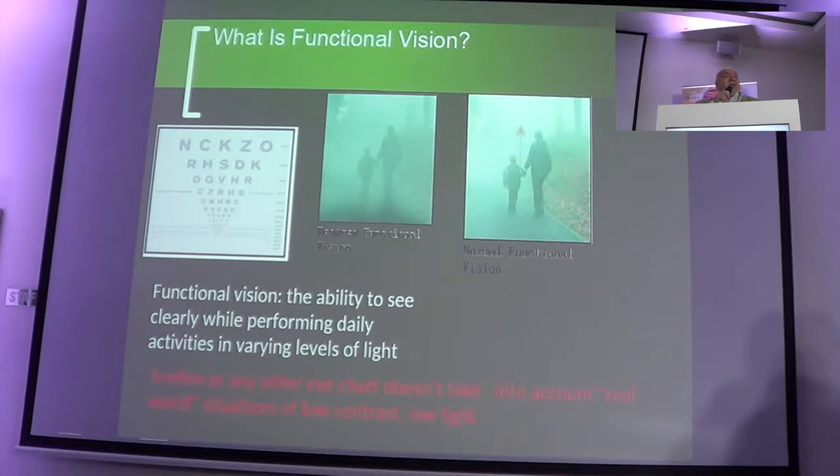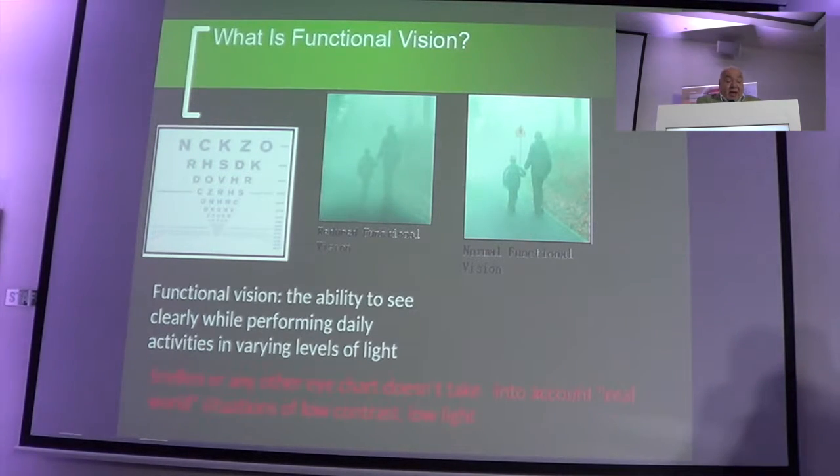What is functional vision? Functional vision is the ability to see clearly while performing daily activities in varying levels of light. You can see here on the slide a normal functional vision and a reduced functional vision with poor contrast sensitivity.